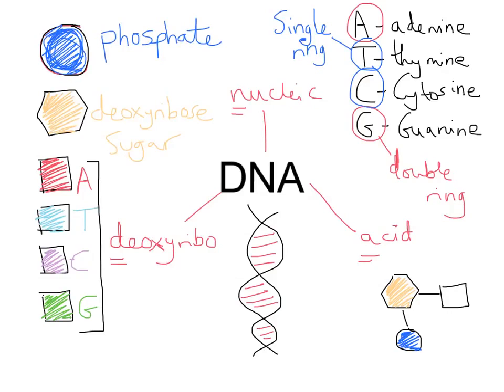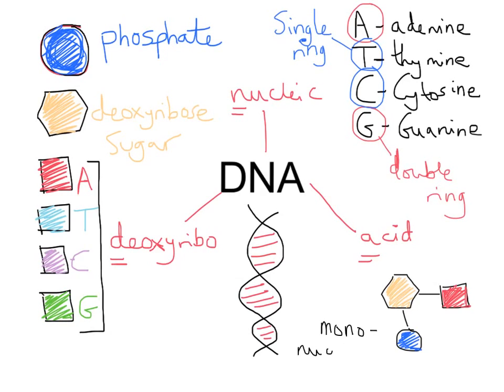For the sake of argument, let's say we're going to add adenine. Then what we ultimately get is something called a mononucleotide. So this structure here, the base with the sugar and the phosphate attached, we call a mono, meaning single, nucleotide.